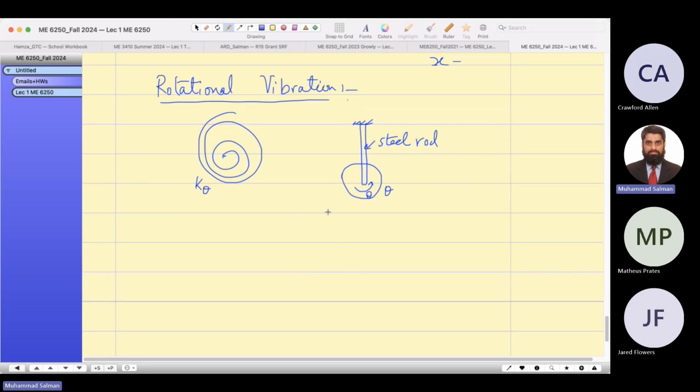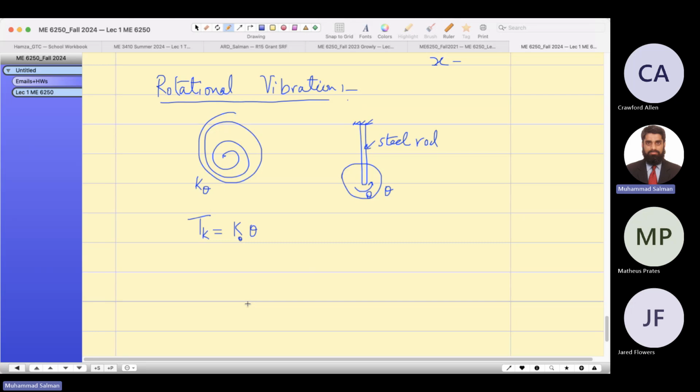So first you should know what the force is. Here in this case we don't call this a force, we call it a torque. So K sub theta times theta, where K sub theta means rotational stiffness, torsional stiffness.